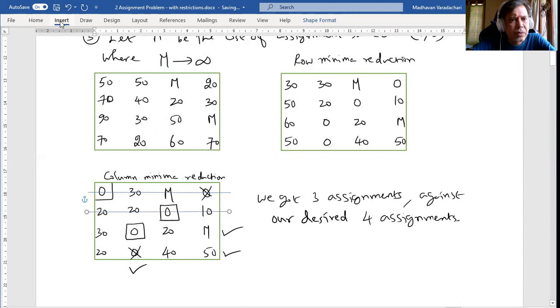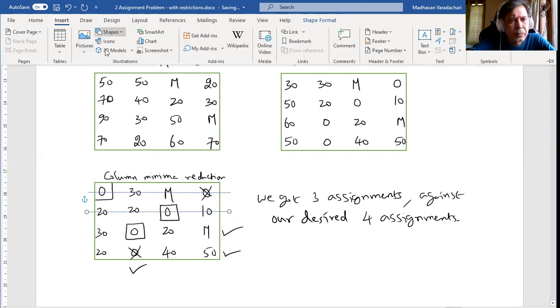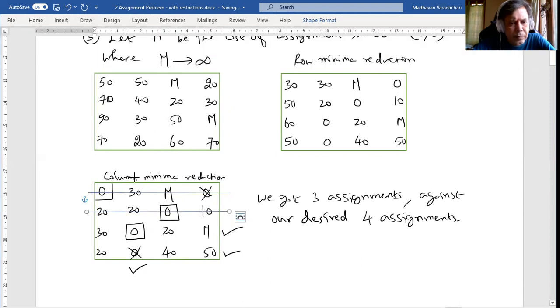And ticked columns. The number of lines we could draw indicates the number of assignments possible. We could draw 3 lines. Yes, we had 3 assignments only. It is matching, right? Then what is the next step?